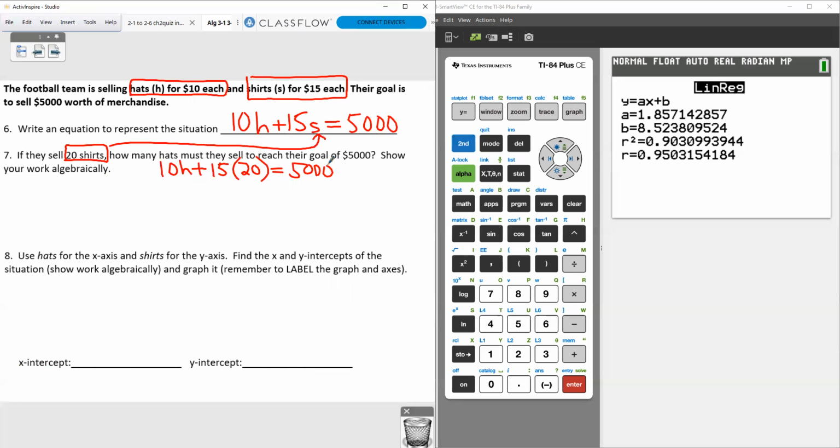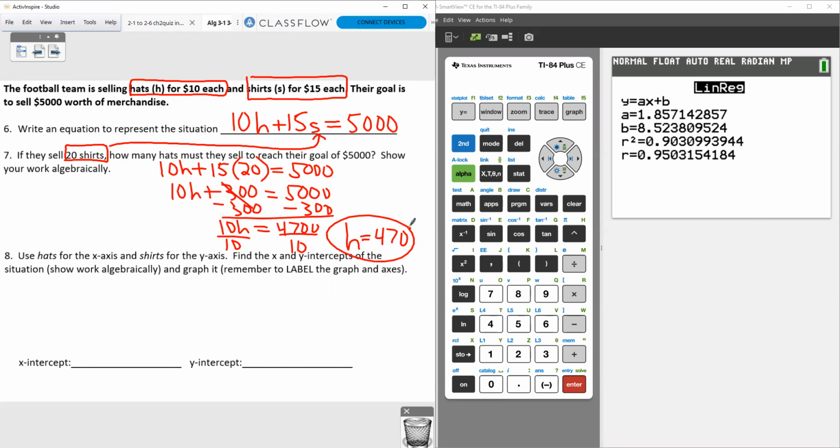Now you have to actually do that calculation. 15 times 20 is 300. So we have the two-step equation, 10H plus 300 equals 5,000. Solve that two-step equation, minus 300 minus 300. So 10H equals 4,700. Divide by 10, and we get H equals 470.